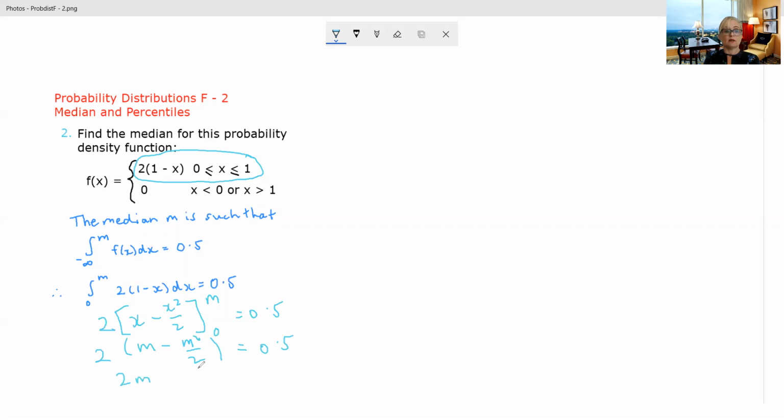So 2m minus m squared equals a half. That is a quadratic equation, isn't it? So I'm going to pop it over the side that will make m squared positive. So I've got m squared minus 2m plus a half is 0. That will not factorise using your normal factorising techniques because your discriminant, b squared minus 4ac, is not a perfect square. So we would need to use our quadratic formula to work out what m is.